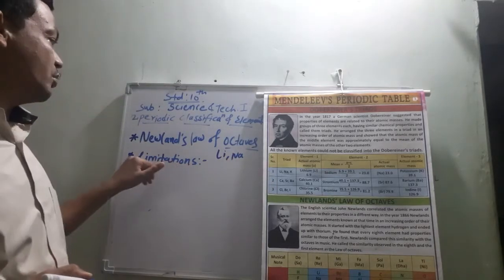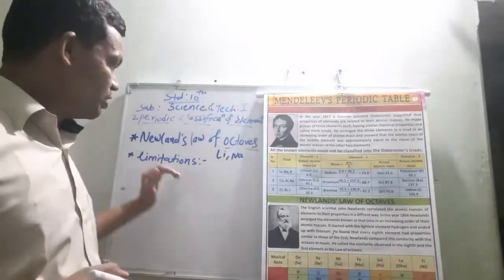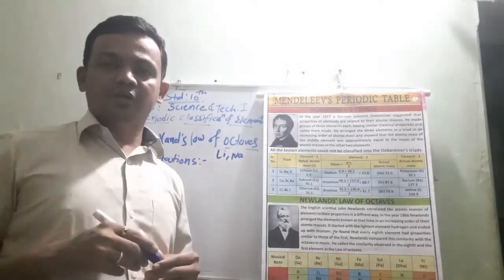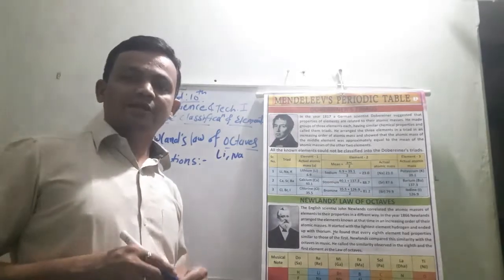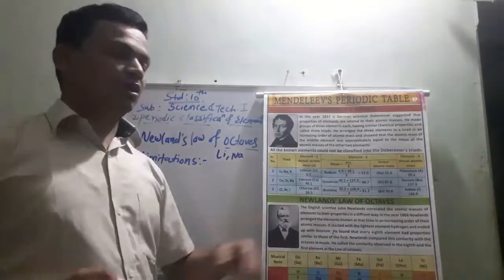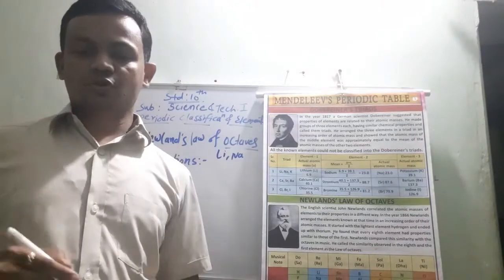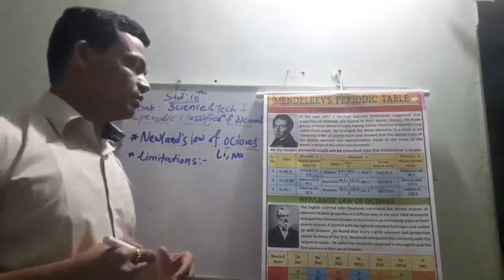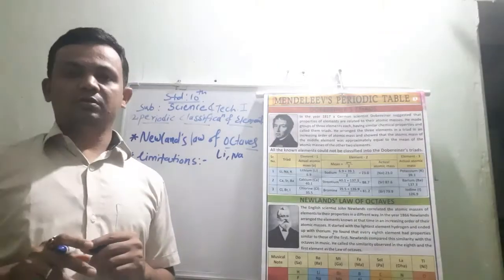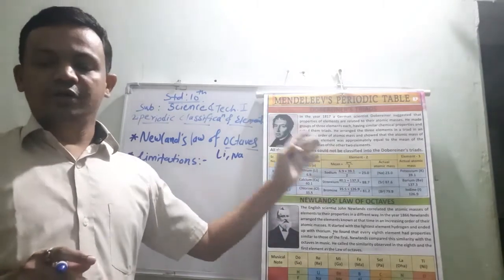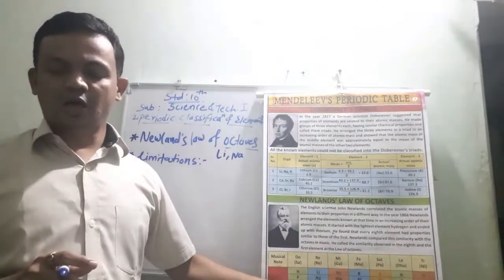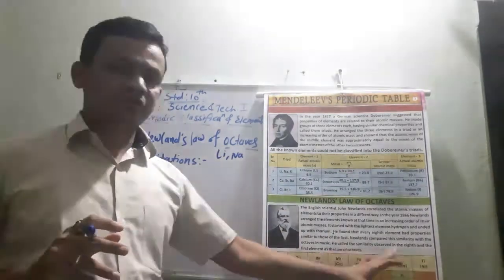So the next point is the limitations of this law of octave. There were many limitations found in Newland's octave. One by one we will see what the limitations are. So the first limitation: this law of octave is applicable only up to calcium, out of these 56 elements.